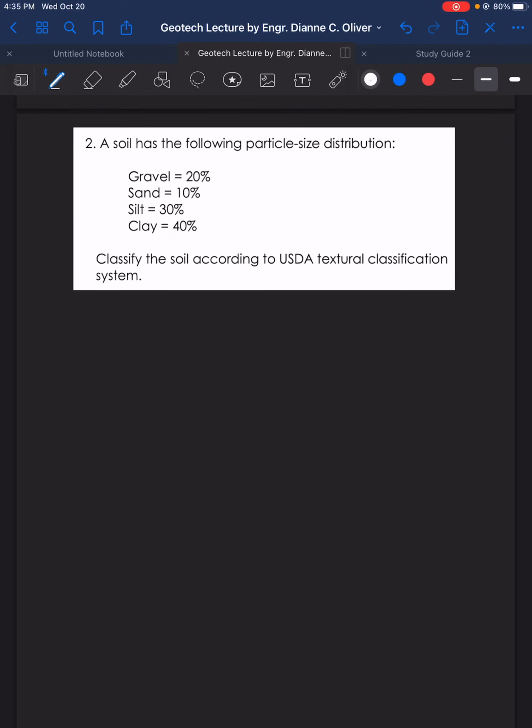Therefore, what we will do here is to modify the percentages, wherein what you are going to take as 100% is representative only of sand, silt, and clay. So let's modify.